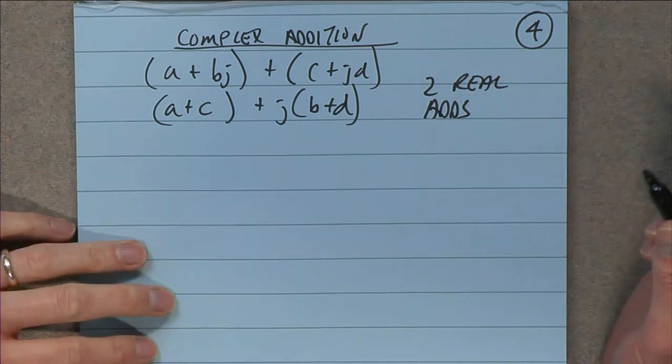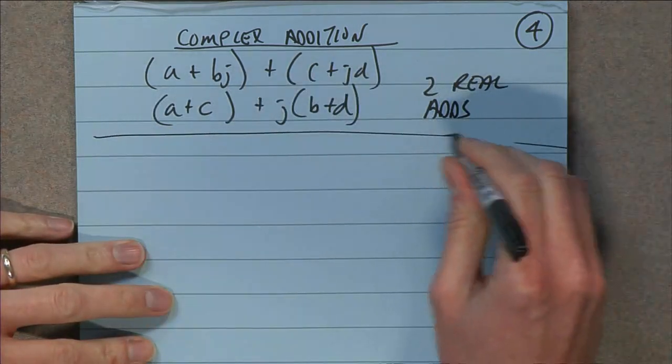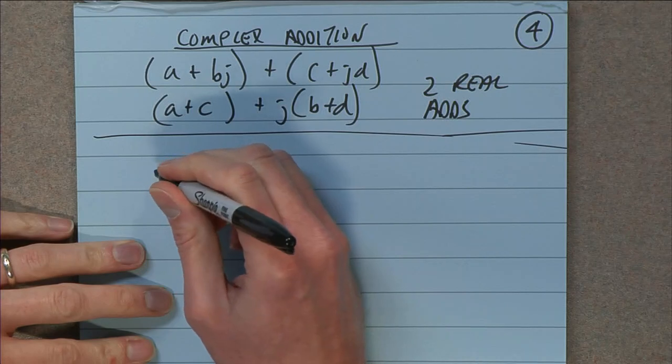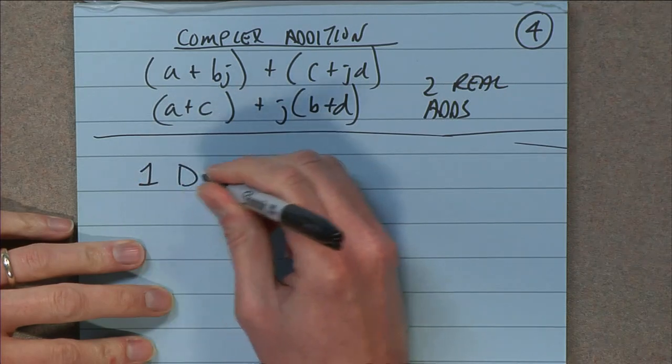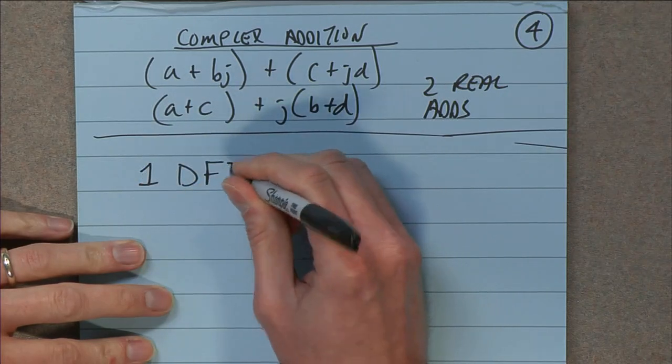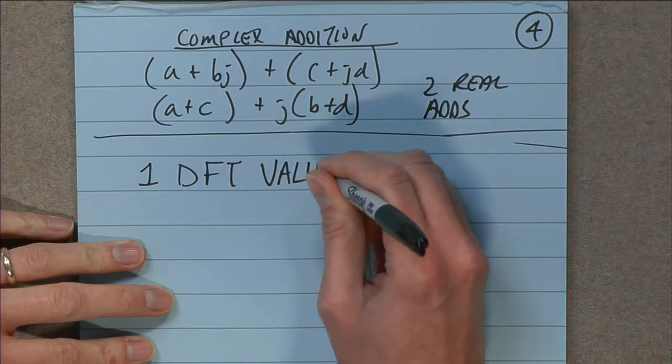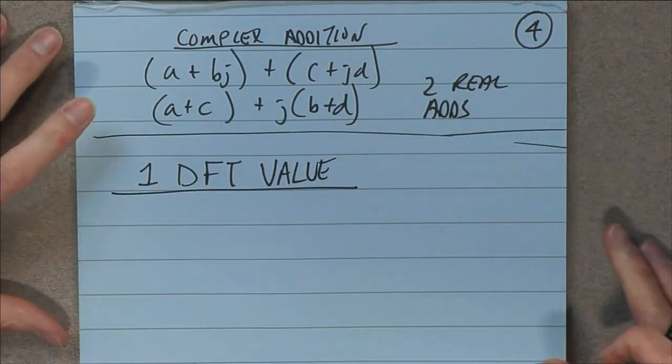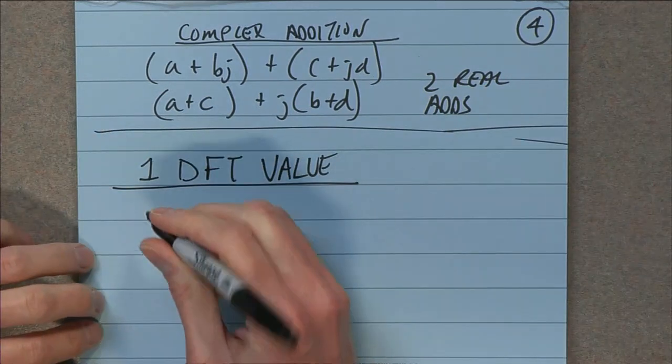So to start off with our accounting, kind of digital signal processing accounting class, we're going to start with calculating one DFT value. Just look at one, and then we'll move on from there.